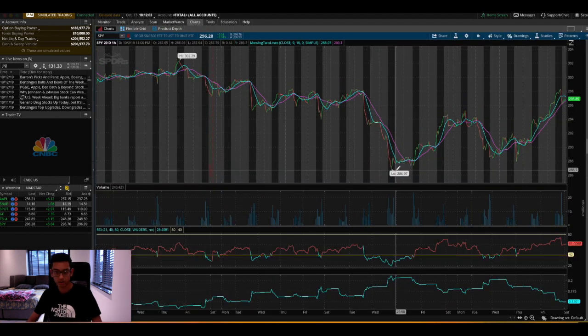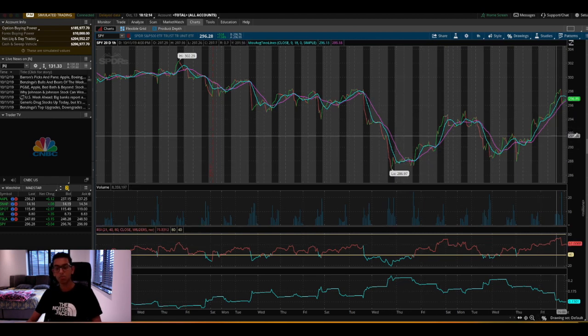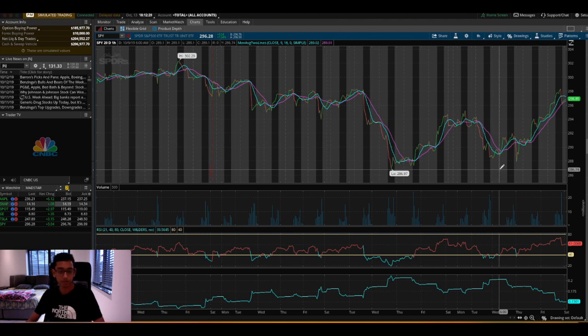So there was the 286, and I have to say this was a really good one. It was a really successful trade, and I'm glad that it worked. Implied volatility was high, but now since implied volatility is low in the 30 days, here I can maybe buy a vertical spread for a bullish trade, because I see a pattern here, and I think it's a great opportunity to buy a vertical.